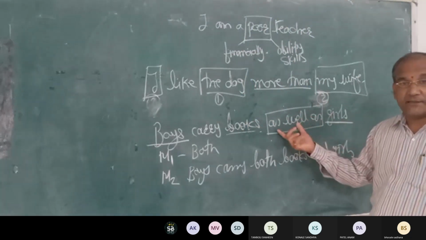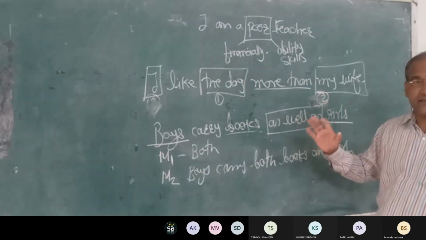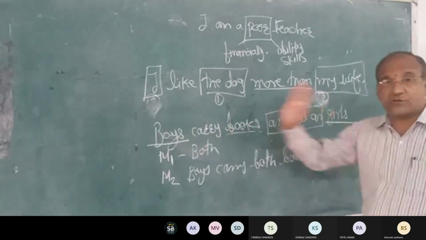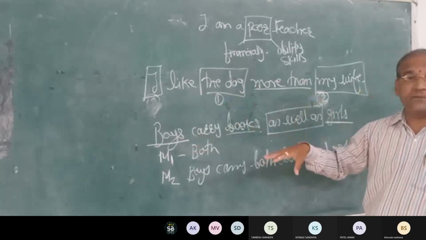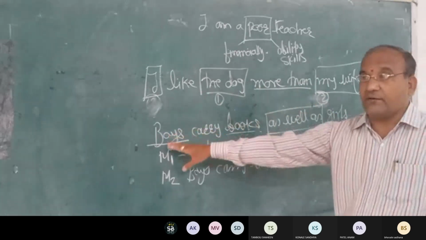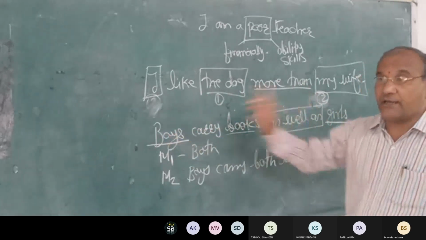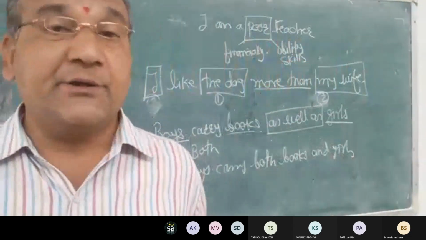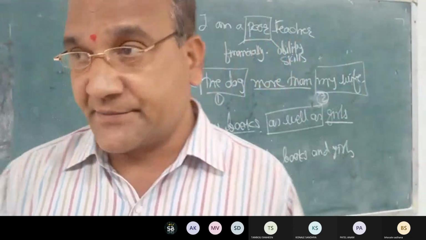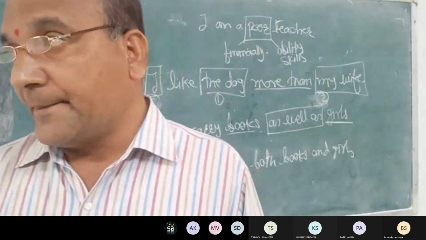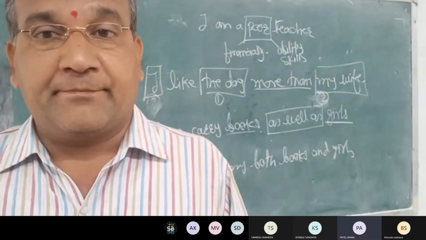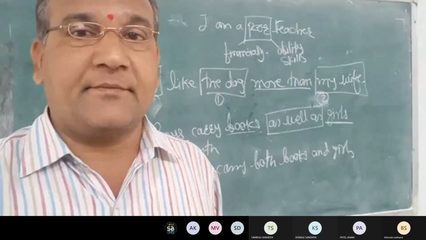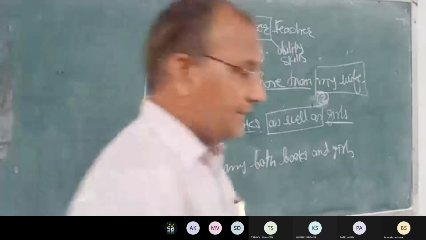But segregatory means, as in M1, two distant nouns, nouns which are away from each other. That is called the segregatory or separatory use of the conjunction. Clear? Yes, sir.